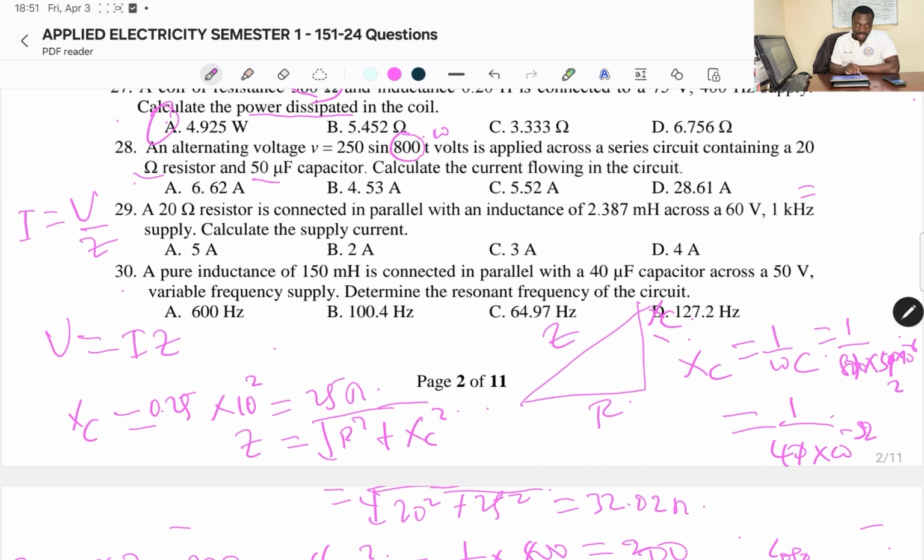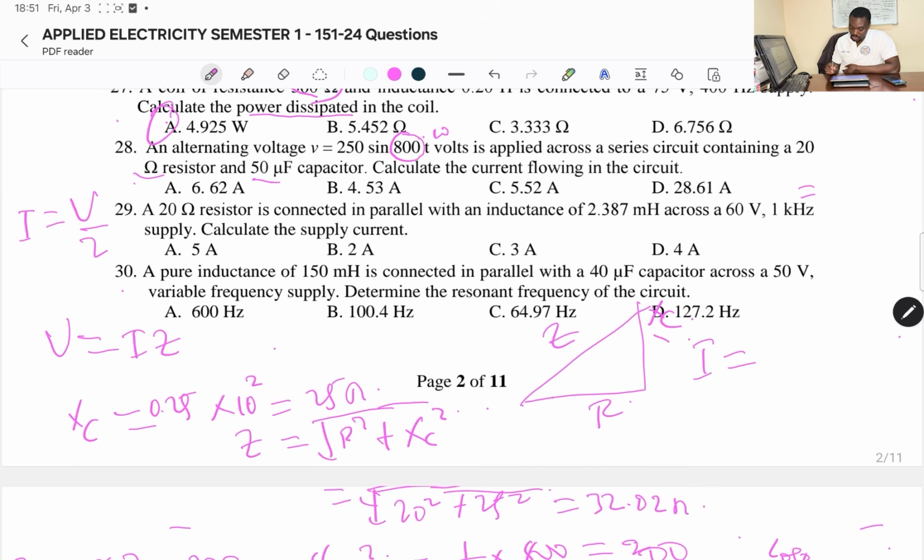The voltage supply here, which is the root mean square value or the effective voltage, is 0.70 times the maximum value, which is 250, all over 32.